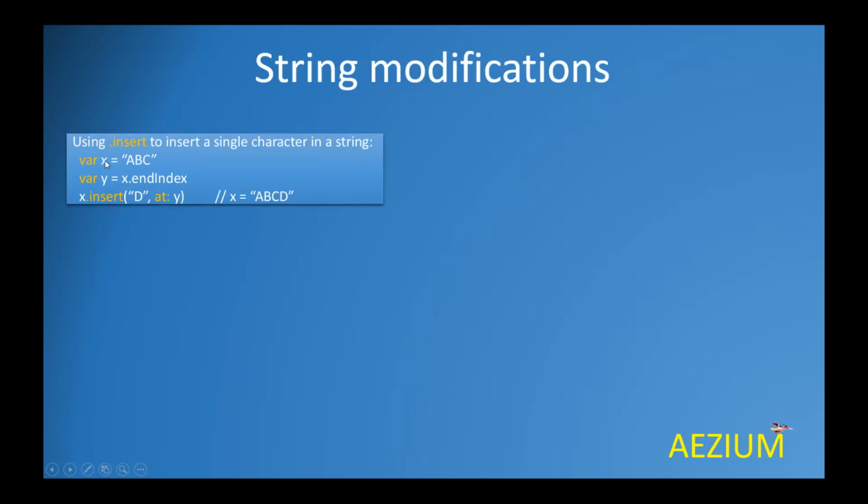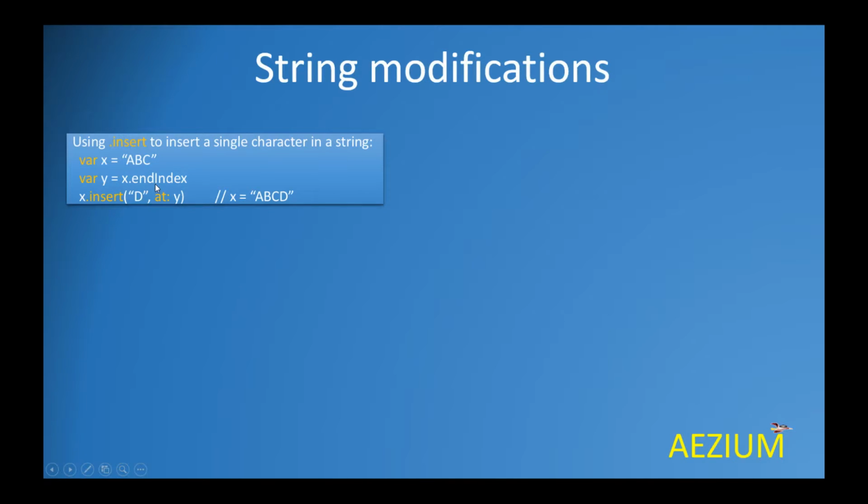And for this, here we have an example of x again equal to abc as in previous examples. Then we're generating the end index of this and assigning it to a variable called y. Then this is the arrangement that we can use to insert a character within the existing string.